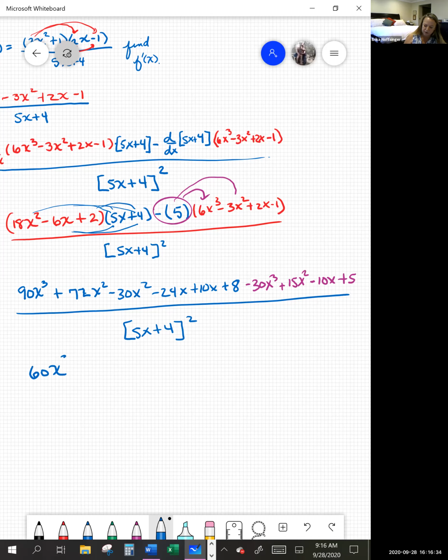I have 72x squared plus 15x squared, that's 87, and 87 minus 30 is 57, so plus 57x squared.